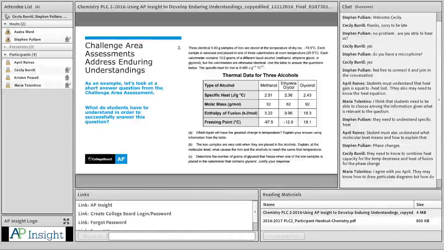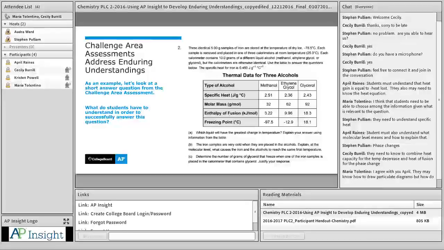Right, and if they miss that foundational concept, then it's very difficult, if not impossible, to continue on with any of the parts of this problem. So let's look at some student responses here, unless anybody else has anything else to contribute about what students might need to understand.